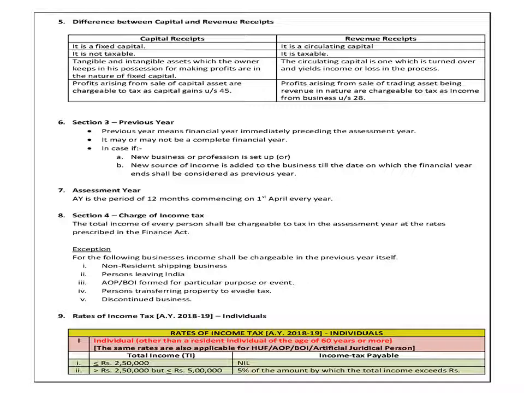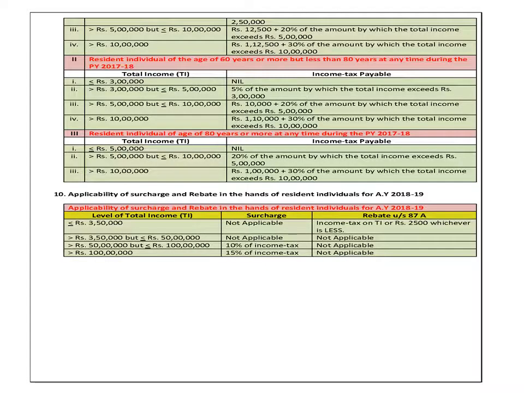If the total income is more than 2,50,000 but less than or equal to 5 lakh, the income tax payable is 5% of the amount by which the total income exceeds rupees 2,50,000. Third, if the income is greater than 5 lakh but lesser than or equal to 10 lakhs, then the tax will be 12,500 plus 20% of the amount by which the total income exceeds 5 lakh.